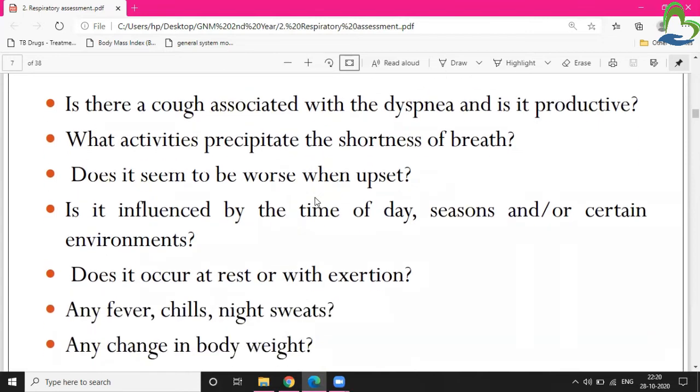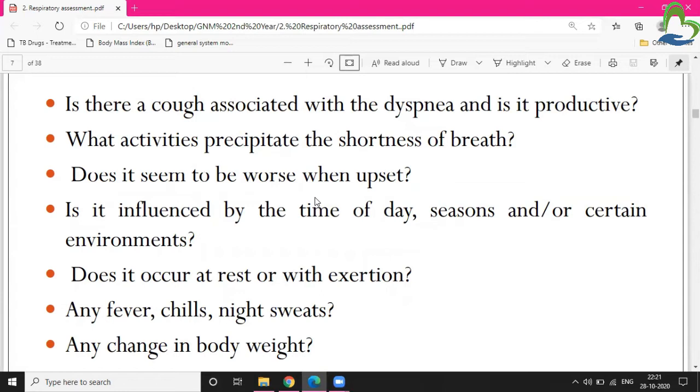So we need to take history regarding cough also. What activities precipitate the shortness of breath, like running or being around dust, any kind of activity which triggers the shortness of breath? So we need to take history regarding that also.